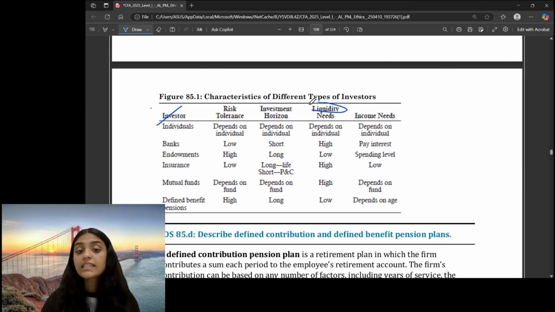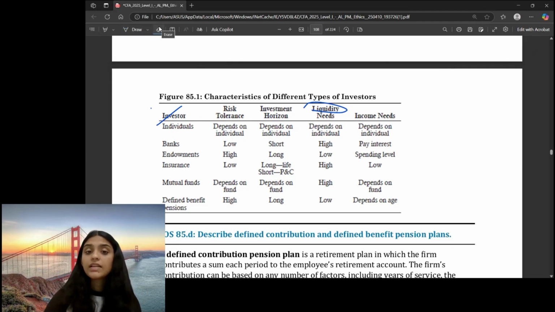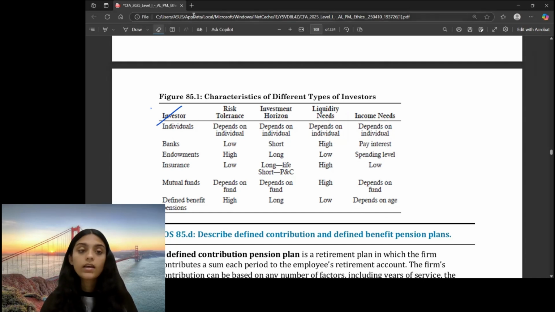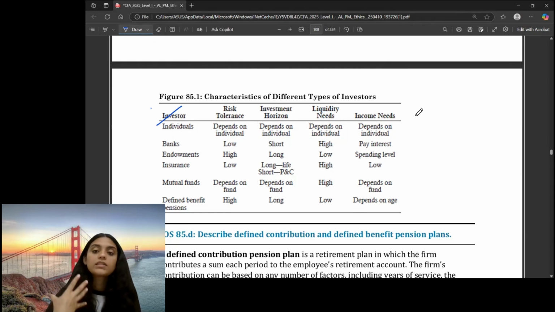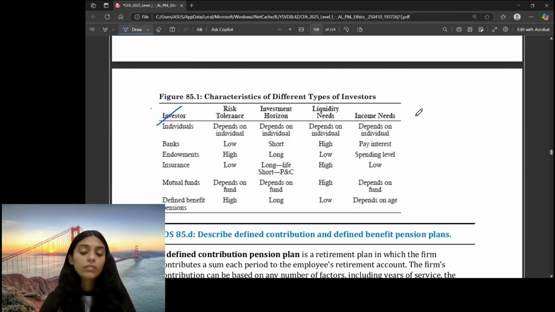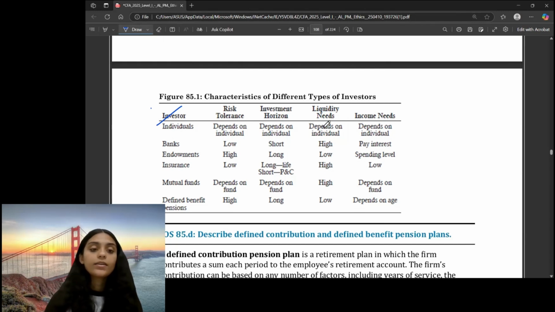Then liquidity needs: if I am opting for a short-term investment horizon, then yes, my liquidity needs are high. So it depends entirely upon the individual, and income needs. If my income needs are more, then I would rather choose short-term investments, right?